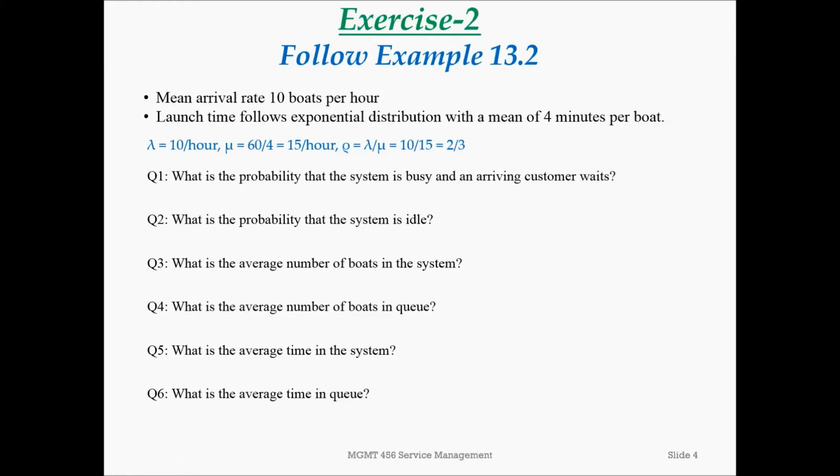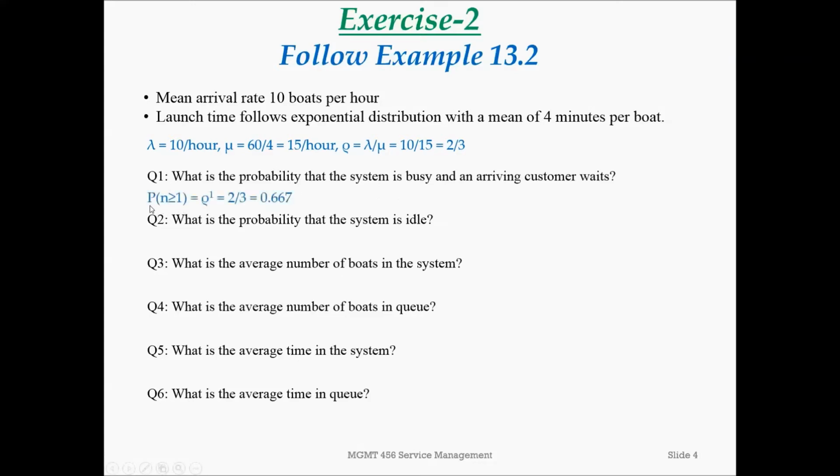If the system has 0 customers, that means the system is not busy, it's idle. So here, system is busy is equivalent to saying the system has one or more customers. So how likely will you see one or more customers in the system?